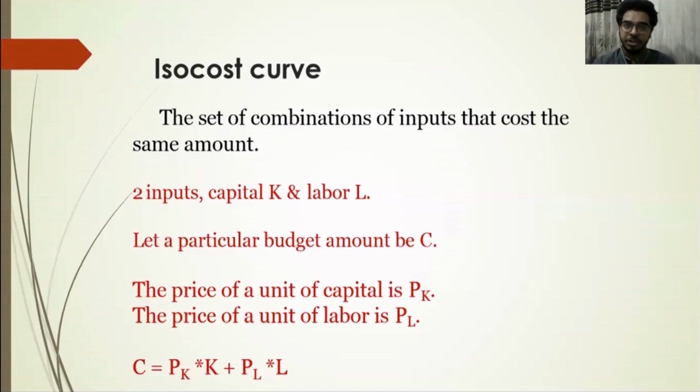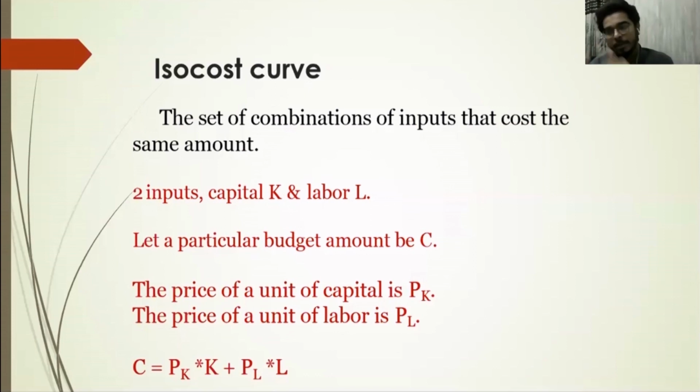This budget line over here is known as the isocost curve. Iso means same cost. So on that particular straight line, all these points will bear the same cost. But those points on that budget line give different combinations of capital and labor, given their prices, that is PK for capital and PL for labor, they will be spending this much of cost.